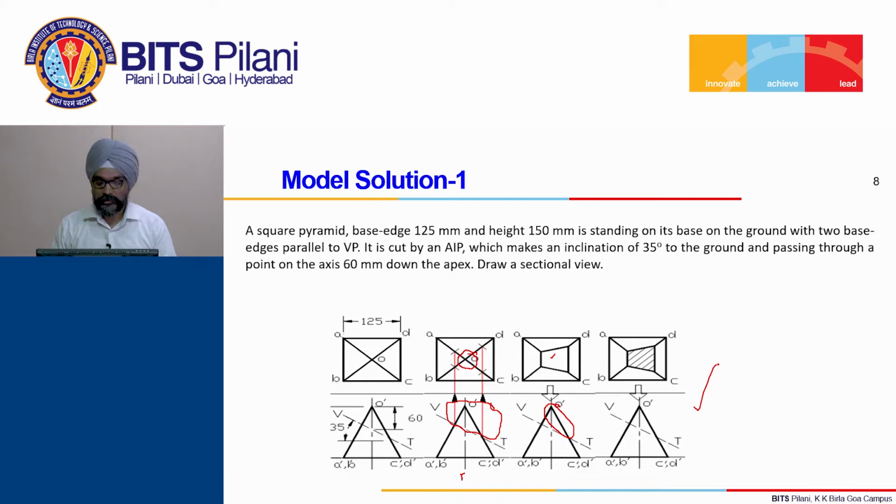You may ask, what is the true shape of the section? Though it is not asked here, if you need the true shape of the section, you simply make this portion, this VT, horizontal. What you need to do is rotate this whole thing to make the plane horizontal.